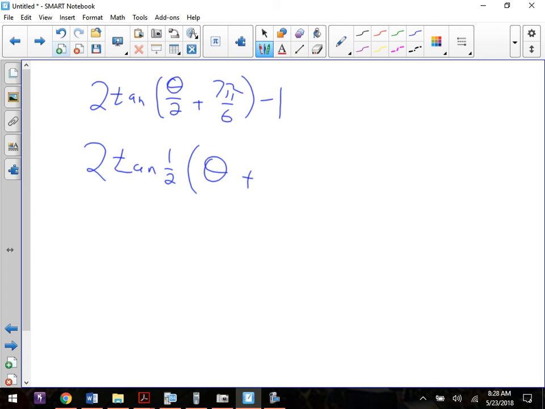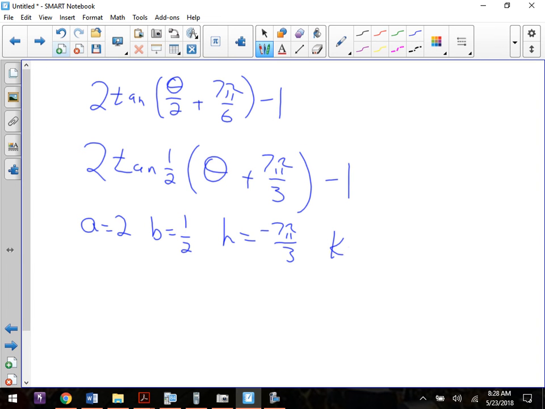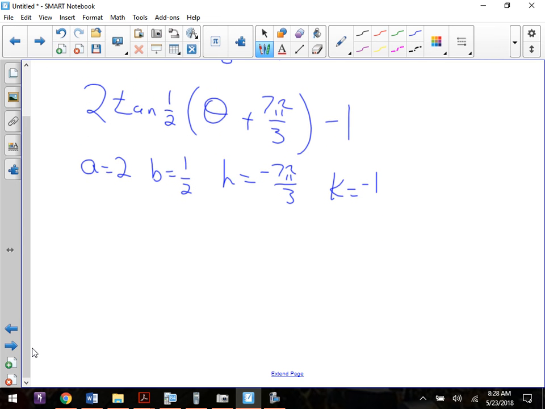Basically, look at it this way: 2 times what is 7 pi over 6? It has to be 7 pi over 3. Because remember, when you distribute back in, it should equal what's in the parentheses. Now you have your a value, your b value, your h value, and your k value. If you know this, then you can figure out where your asymptotes go.